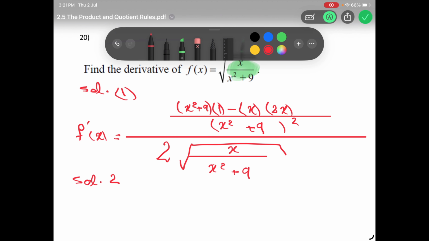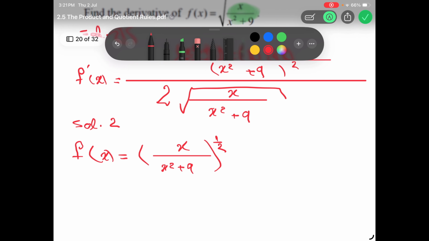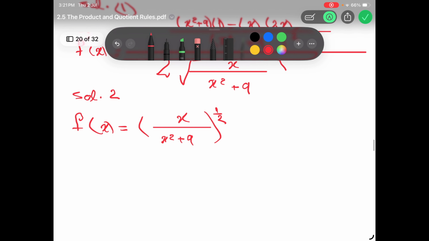Solution 2 is to rewrite f in terms of composite functions. So here I have x divided by x squared plus 9, all to the power of 1 over 2, and here we can apply what we call the chain rule. We have this inside function, okay?